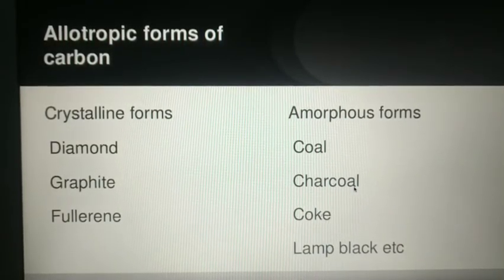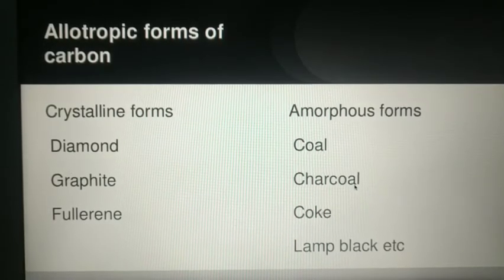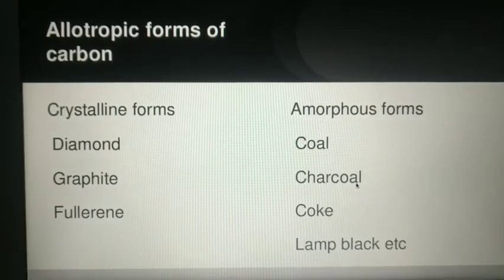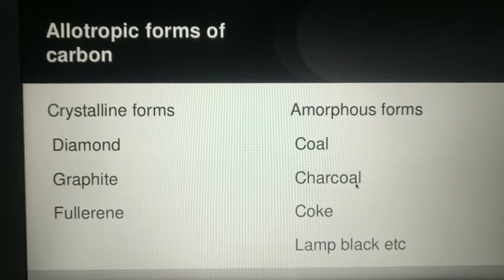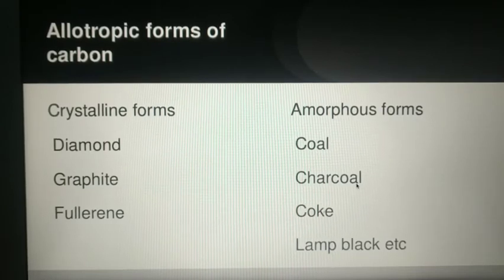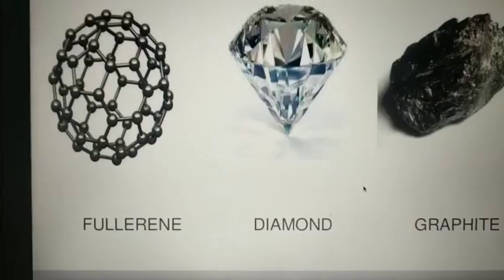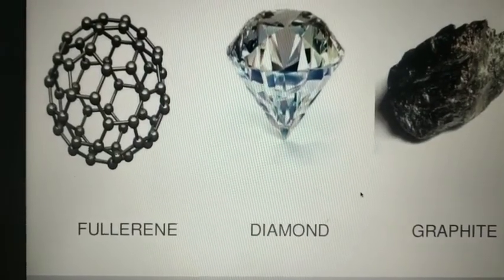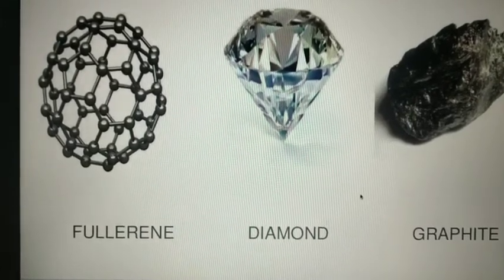Okay, so the classification of the various allotropic forms of carbon, you can see in your book. It is given that carbon, the two arrows are there, crystalline forms and amorphous forms. In crystalline form, diamond, graphite, fullerenes, and in amorphous form, coal, lamp black, gas carbon, carbon black and charcoal. You see the pure forms of carbon, fullerene, diamond and graphite.